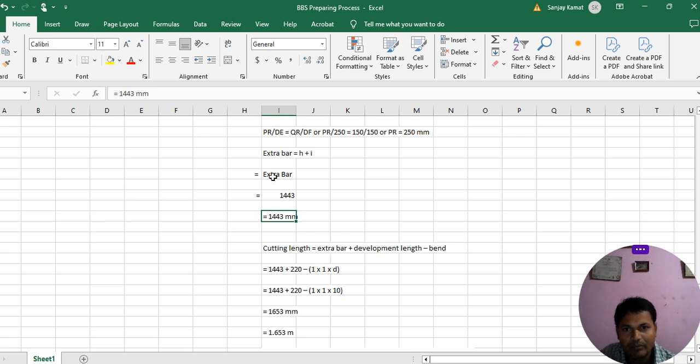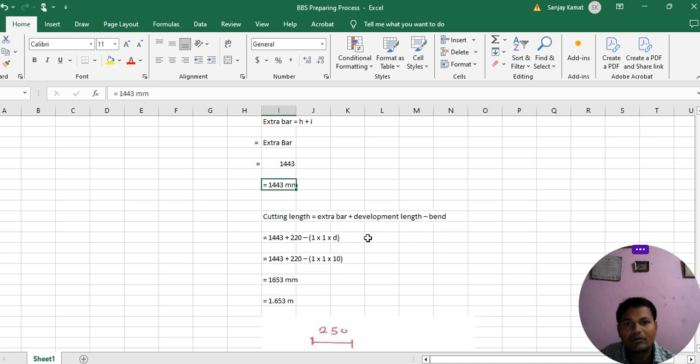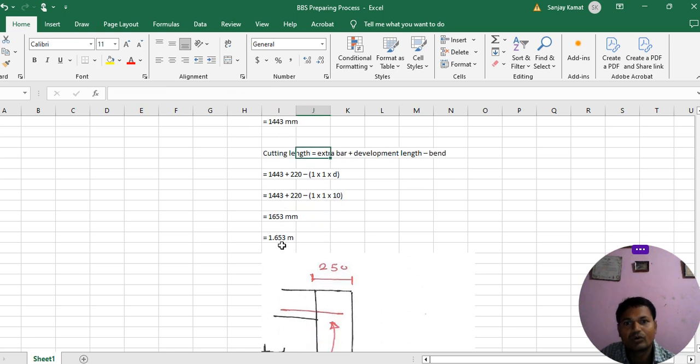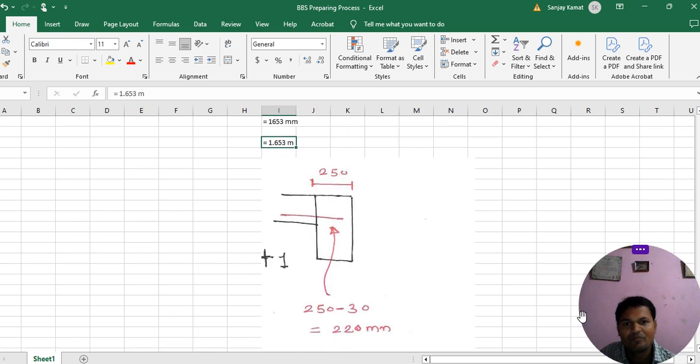Now we have extra bar also: extra bar is 1443, and development length we calculated earlier, and bend also we calculated earlier. Then substitute all these values in this formula. Now you can easily calculate the cutting length, and cutting length is 1.653 meter.